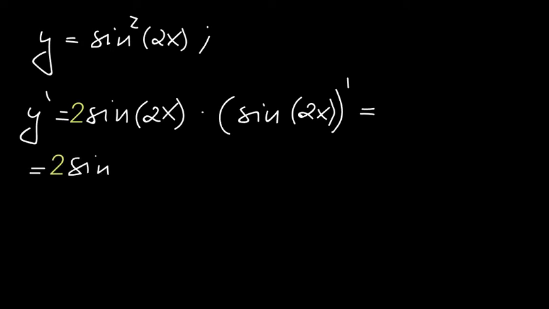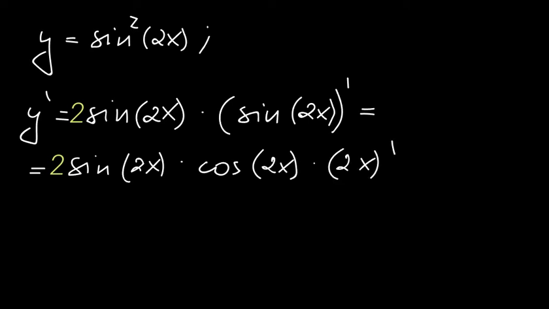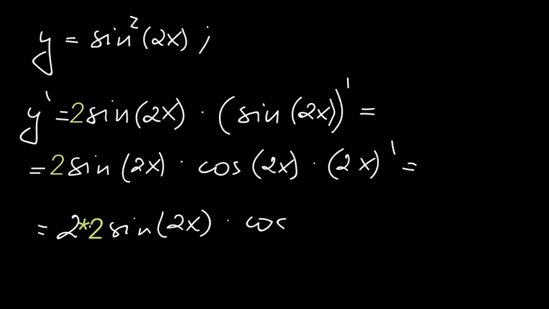I'll rewrite sine of 2x times. Now, look at this as a function of sine, and this will give us cosine of 2x times a derivative of 2x. And our answer is 2 times sine of 2x times cosine of 2x.